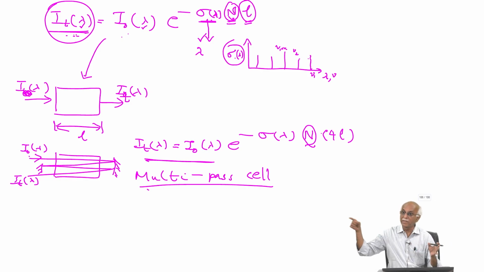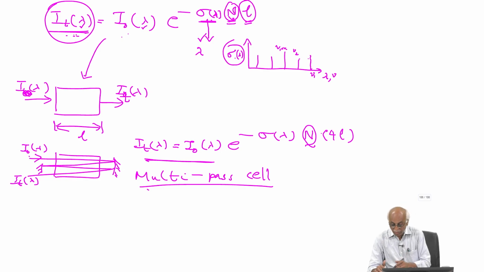When path length increases, the transmission characteristics will change accordingly based on the absorption as well. The concentration we want to measure is not going to change, but this increase in path length will automatically involve more and more absorption. So, the transmitted intensity will change. Indirectly, we are increasing the sensitivity of this measurement.